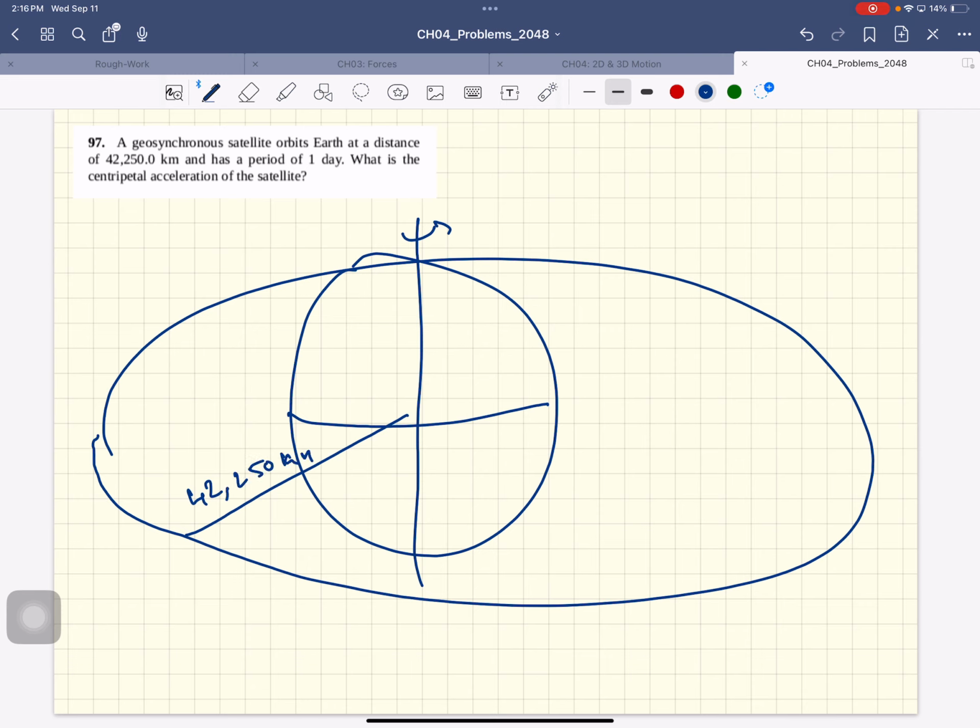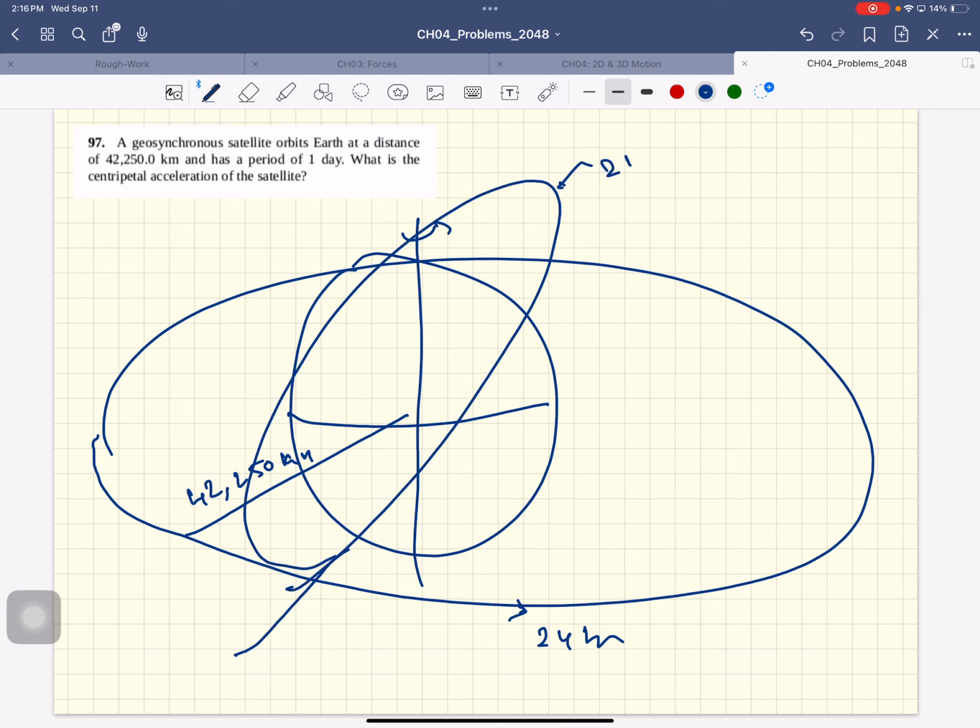Of course, they have to take 24 hours to go around once, as the Earth is spinning once every 24 hours. At that distance, no matter what the orientation of the orbit, it will also take 24 hours, except that it won't remain at the same spot.